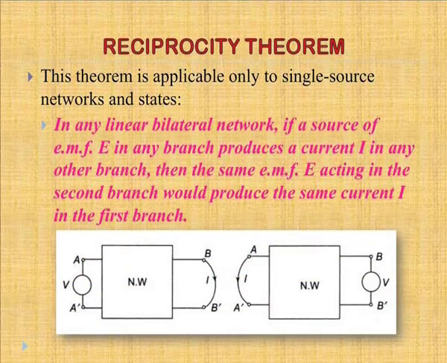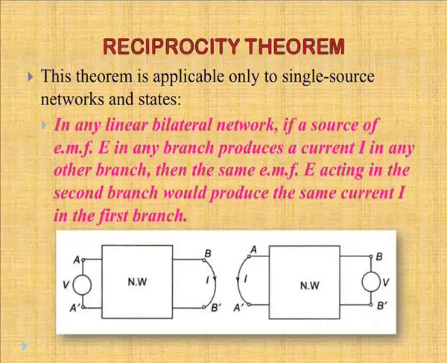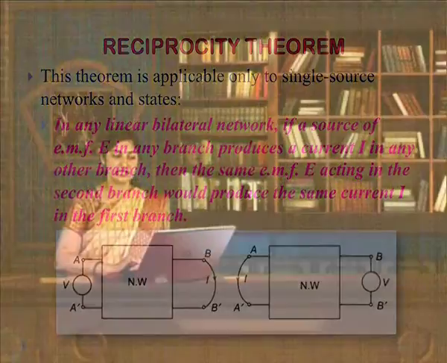Last is the reciprocity theorem. The reciprocity theorem is applicable only to single source networks. So, we can say that we can use it only for those circuits which have a single source.